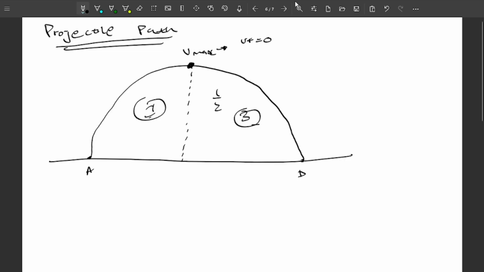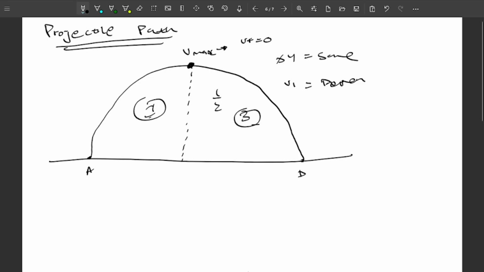Vf is equal to 0 at the top, and same height, as long as it's on the same ground, the change in y is the same. And the v initial will depend. That one depends, sometimes it may be projected or something, but in most cases it can't be dropped.